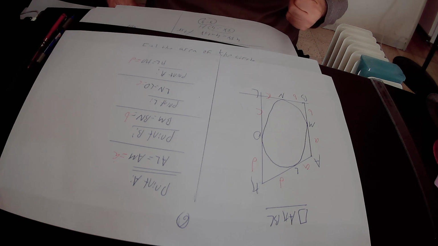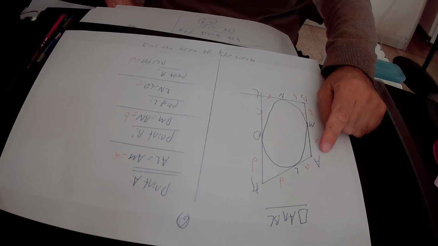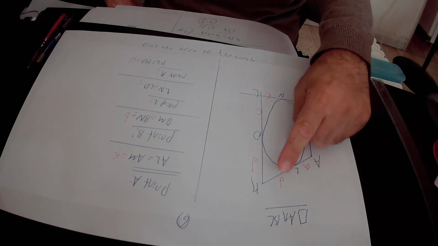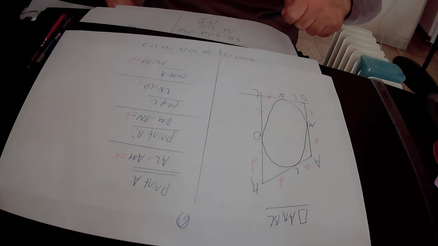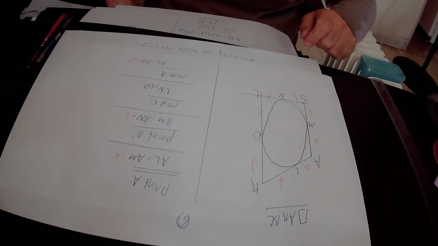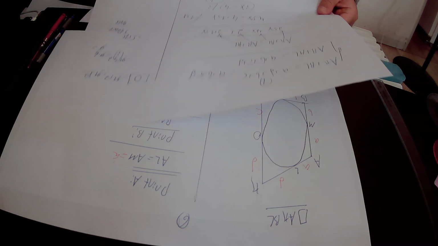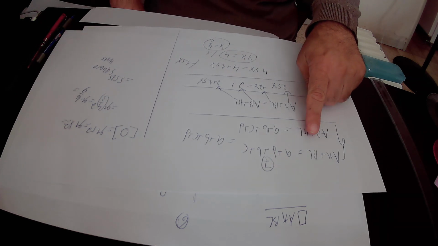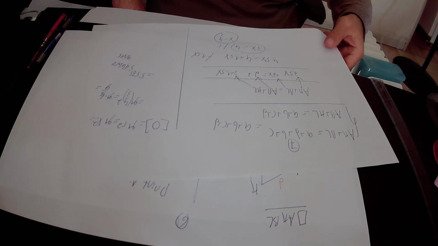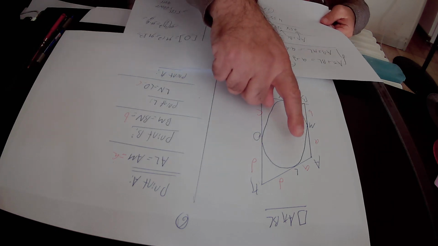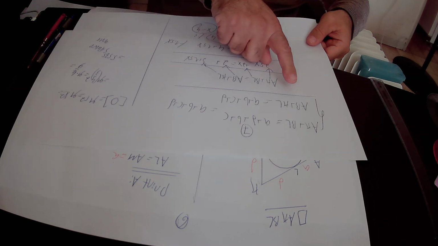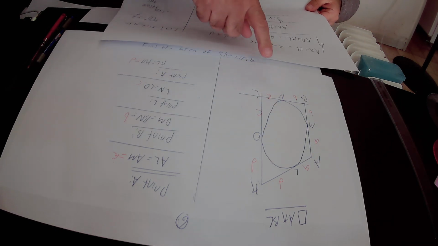And then we added side AK to side BL. Here, what is the value of AK plus BL? AK equals A plus D, so we substitute AK by A plus D, plus BL.